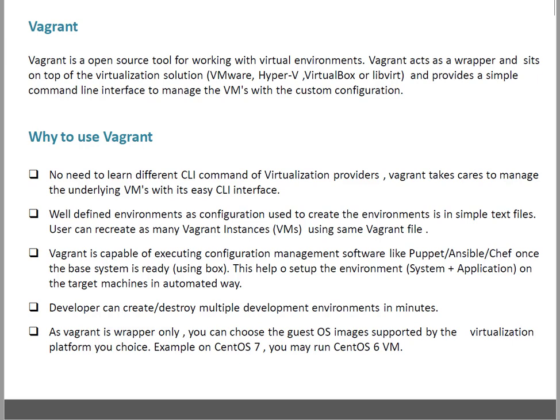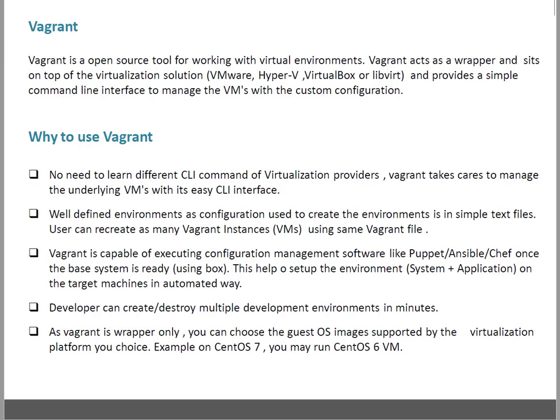A developer can create and destroy multiple development environments in a minute. Let's say you are not using any virtualization software. In that case, the developer has a dependency on a build engineer or system engineer who can create a server for him, and after that he will run the configuration. But in this case, you can simply give control to the developer.